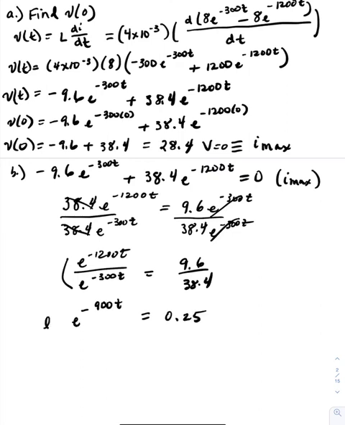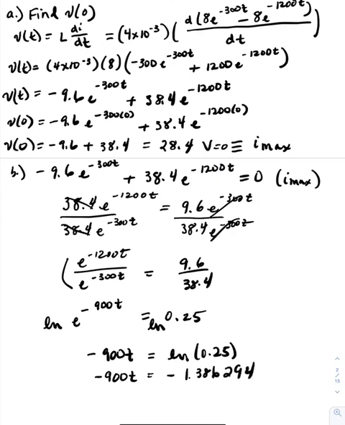And if we take the natural log of both sides, then it will cancel that out. So the natural log of 0.25 is minus 1.386294.